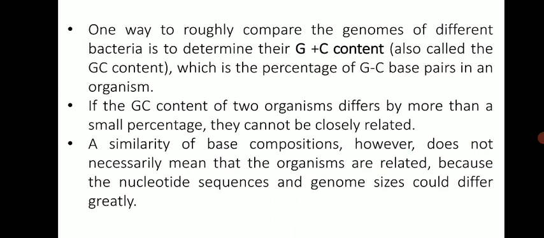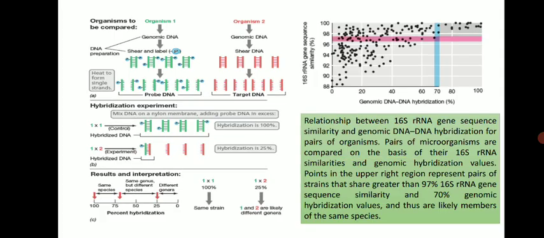If the GC content of two organisms differs by more than a small percentage, they cannot be closely related. However, similarity of base pair composition does not necessarily mean that organisms are related, because the nucleotide sequence and genome sizes could differ greatly. So this is how GC content can be used for analysis of microbial species.